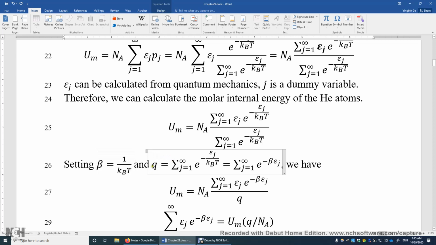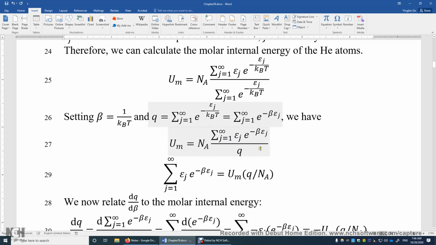So we're just defining q to be the sum of these exponential functions. We can write q to be the sum of e to the power of negative beta epsilon j. And then we have a simplified expression here. This sum is replaced with q. On top, it's also slightly simplified.